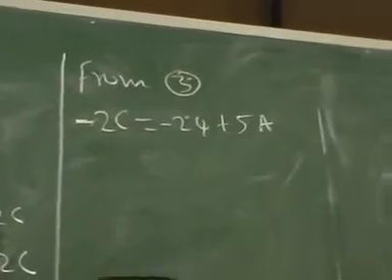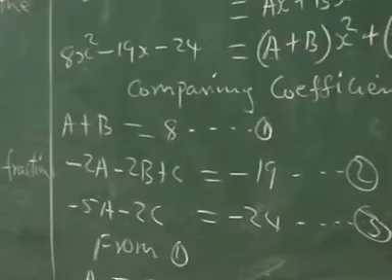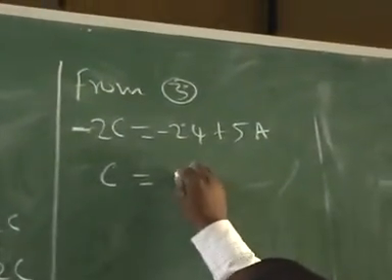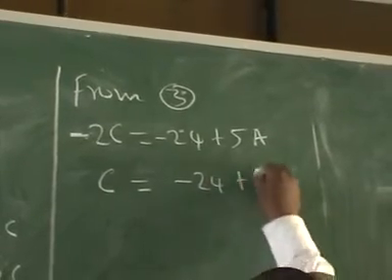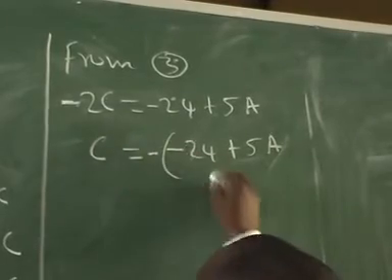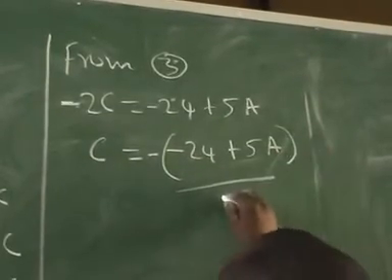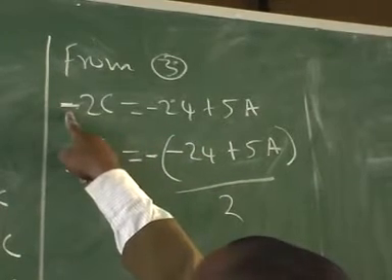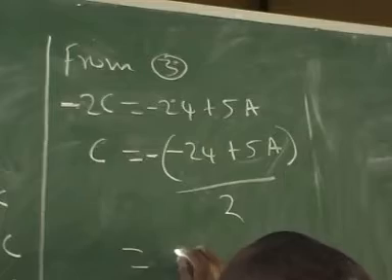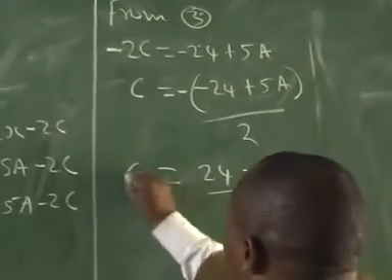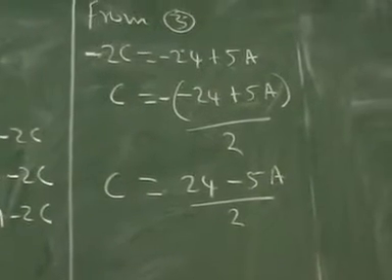Look at that. You just transfer minus 5a to this side, so we return to plus 5a. Then c only will be minus 24 plus 5a, all over minus 2. You see, this minus here now is the minus from this minus 2. So this will give me 24 minus 5a all over 2. That is c.